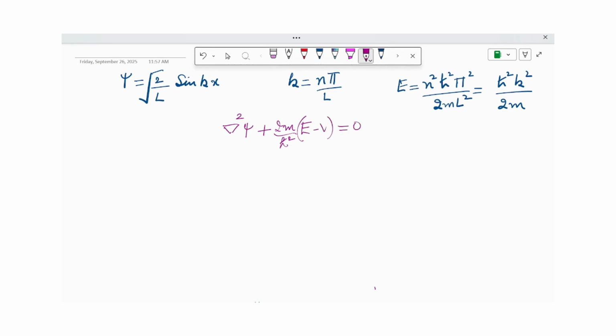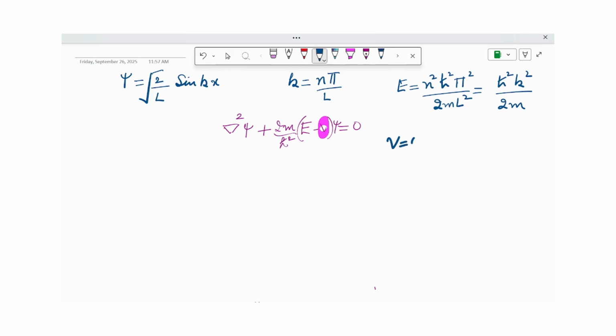So this is my time-independent Schrödinger wave equation in three dimensions. And we know that V here is 0 because a particle in a box of zero potential is a free particle. So V here is 0.